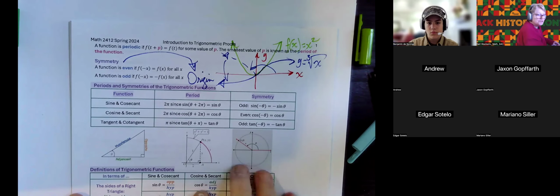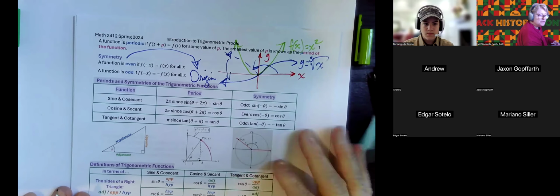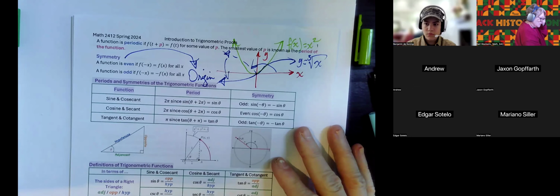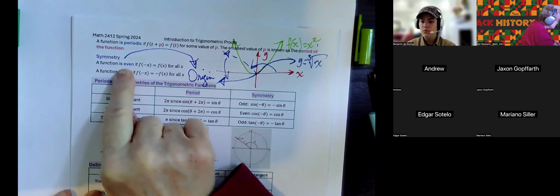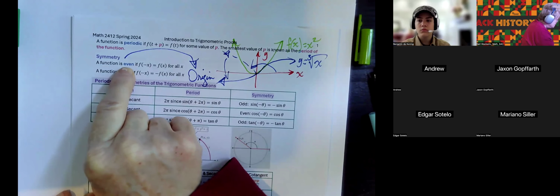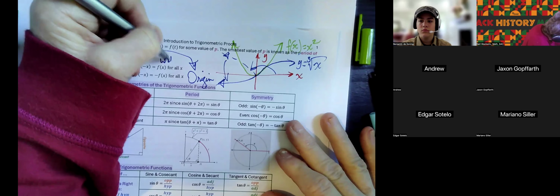So we're going to use those two terms, periodic and symmetry, or even and odd. We're going to go back and forth between saying something has even symmetry to saying it is symmetric with respect to the y-axis.